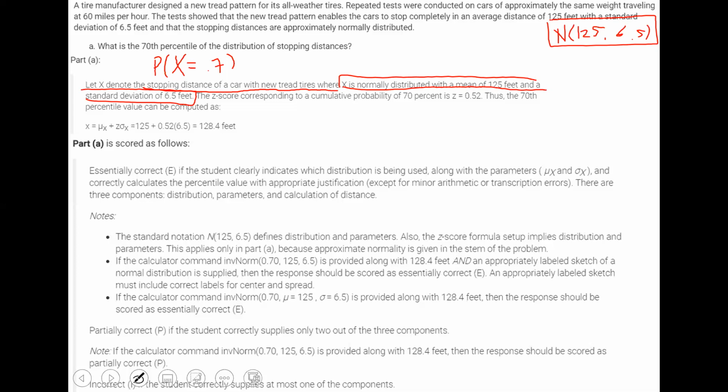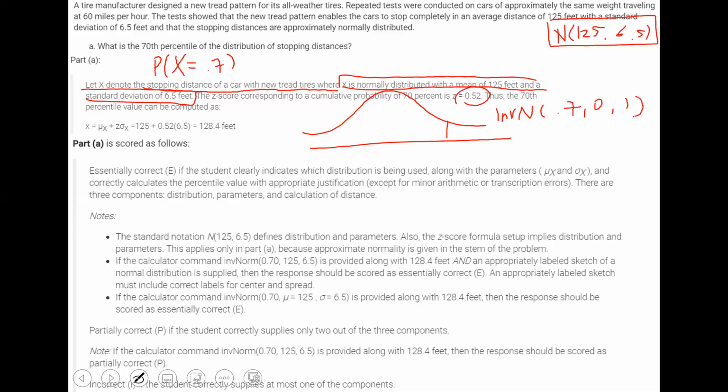Okay. All right. So then the z-score corresponding to cumulative probability of 70% is z equals 0.52. So how do they find that? Well, it's the 70th percentile, so they did inverse norm of 0.7 with the standardized normal. So if you do inverse norm 0.7, 0, and 1, you get 0.52.